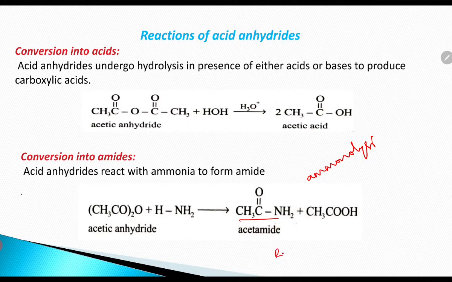Suppose for example RCOOCOR' plus alcohol. Acid anhydrides, if they react with alcohols, this process is called alcoholysis, give rise to esters, RC double bond O OR', plus carboxylic acid is obtained.